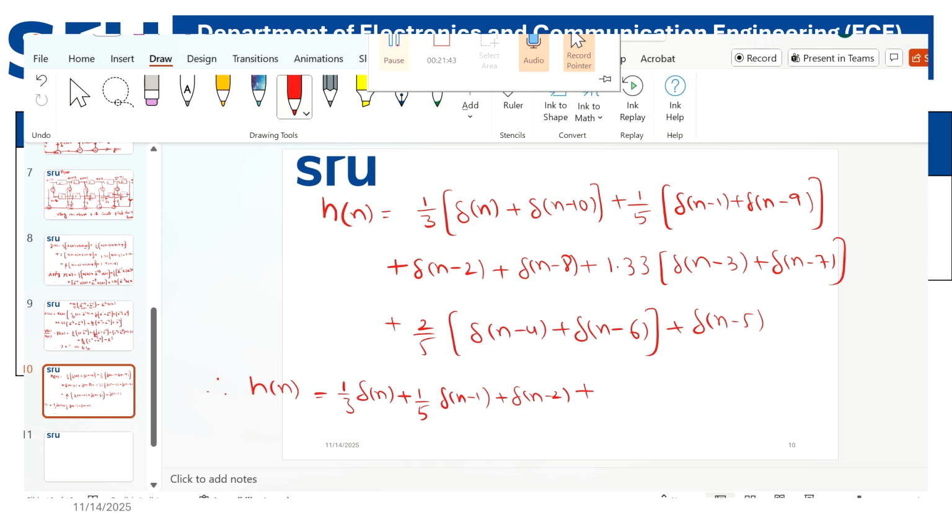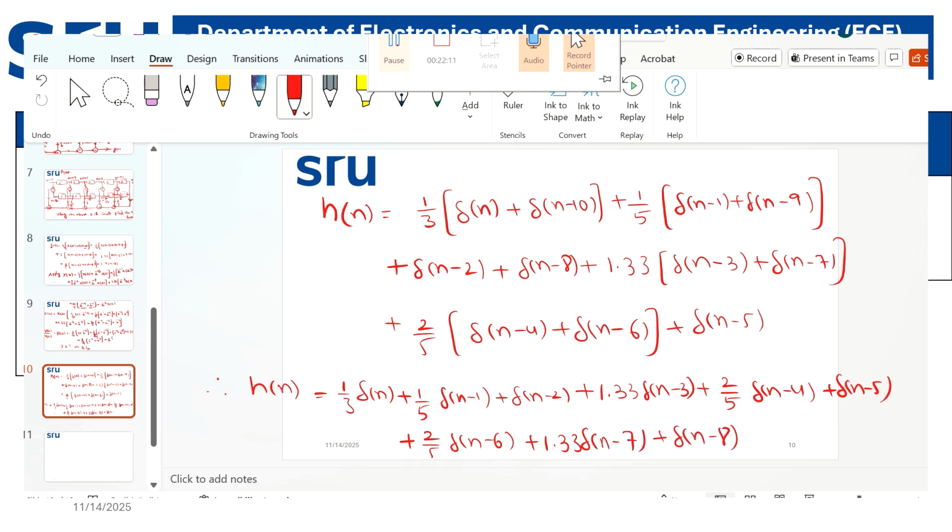Rearrange all the functions: 1.33 del of n minus 3 plus 2 by 5 del of n minus 4 plus del of n minus 5 plus n minus 6 with the coefficient of 2 by 5, n minus 7 with the coefficient of 1.33, and del of n minus 8 with the coefficient of 1, plus 1 by 5 del of n minus 9 plus 1 by 3 del of n minus 10.